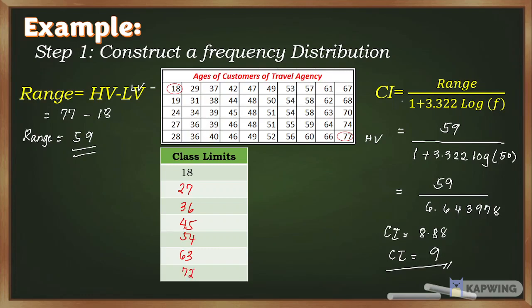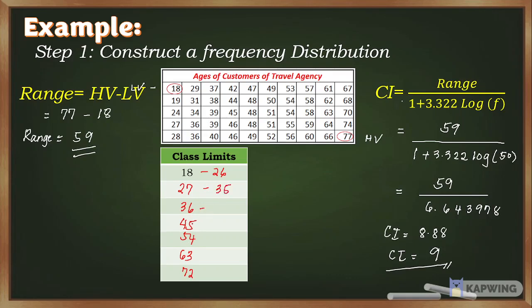To get the upper class limits, we just subtract one from the next lower class limit. For example, to get the upper class limit of 18, we subtract one from the next lower class limit, so this becomes 26. This means the class limit for this class is from 18 to 26. Next, for the upper class limit of 27, 36 minus 1 is 35.